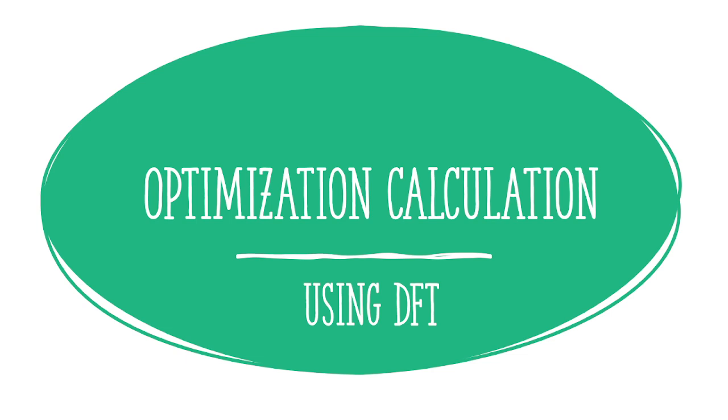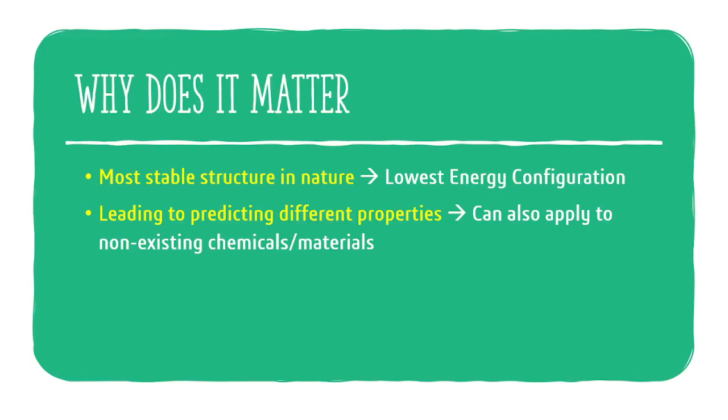So optimization calculation is usually done as the very first step when you study a molecule. There are a few reasons for that. First, you want to look for the predicted most stable structure in nature.